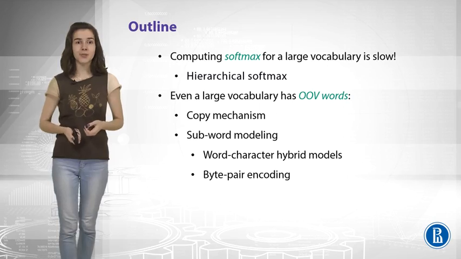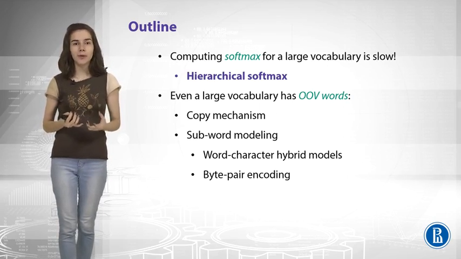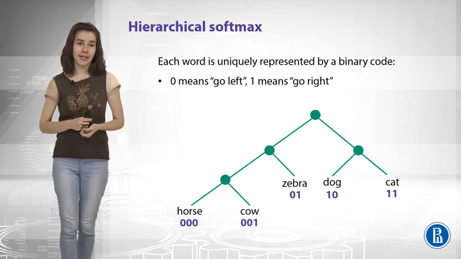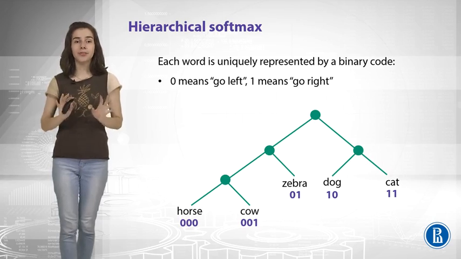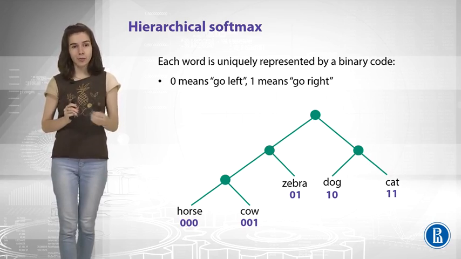Now, let us start with hierarchical softmax. It is a nice procedure to help you compute softmax in a fast way. The idea is to build a binary tree for your words, like here, and the words in this tree will have some codes.